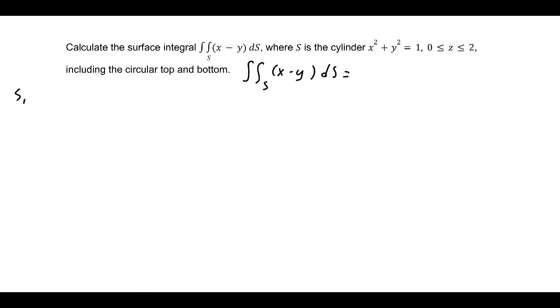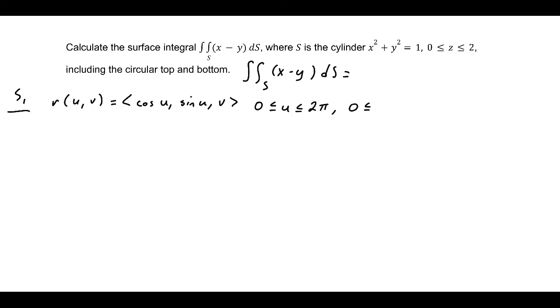In order to find that integral, we need to parameterize the sides. So this will be r of u comma v equal to angle bracket cosine u, comma sine u, comma v, with 0 less than or equal to u less than or equal to 2 pi and 0 less than or equal to v less than or equal to 2.